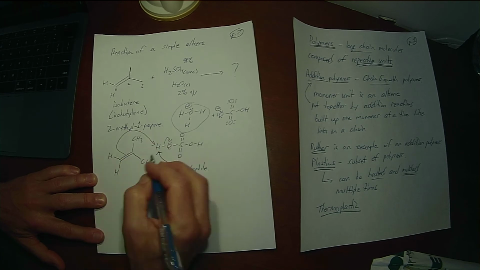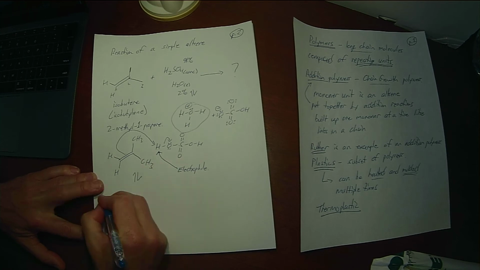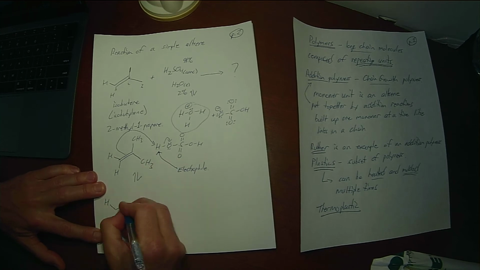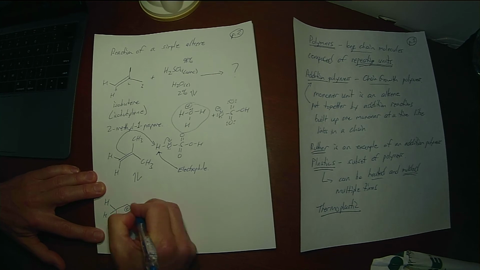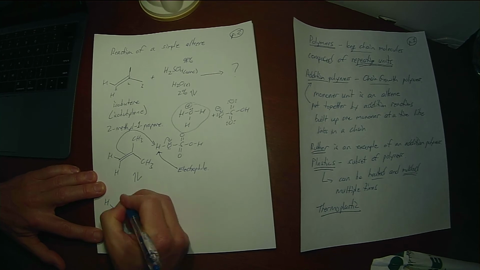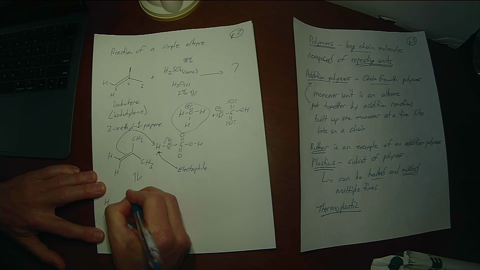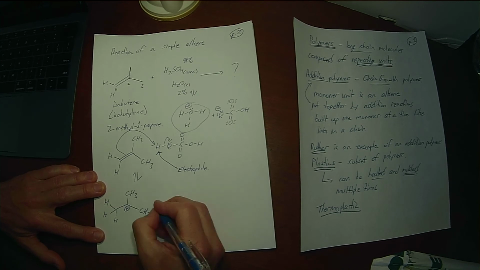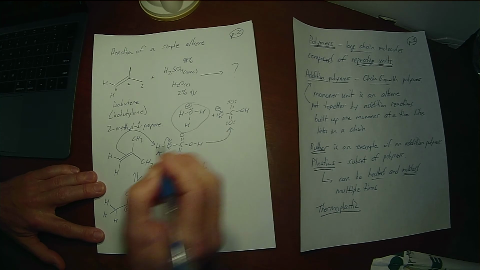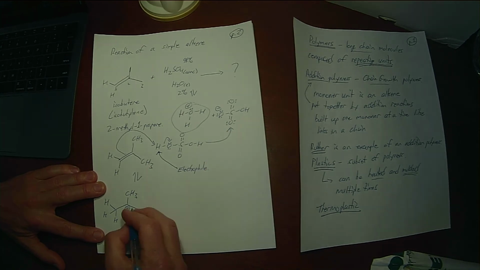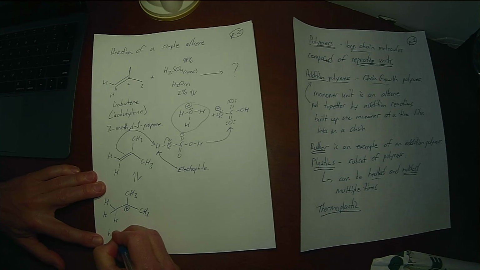So we're going to protonate this, form an additional methyl group, and the most stable tertiary carbocation. Right, and then obviously the hydrogen sulfate ion as well. So we've got this tertiary carbocation, hyperconjugation stabilizes it.